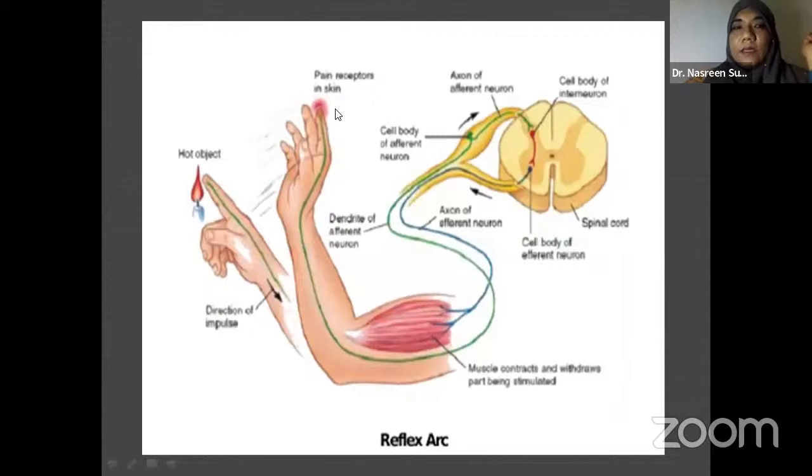So when you are touching any hot object, this is the one which is going to give you the information. See, this is the sensory neuron. Now, do you know the difference between sensory neuron and the motor neuron?